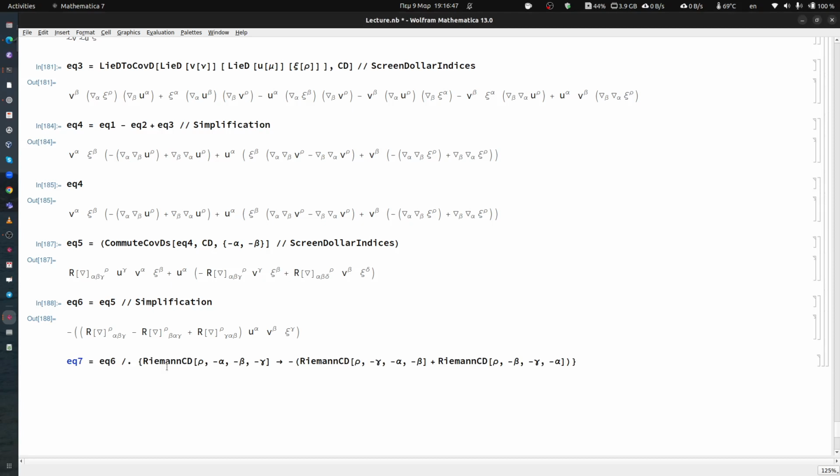I'm doing a simple substitution here in this expression, and I take the first term, which is Riemann CD rho alpha beta gamma, and replace it by its equal. So I take the symmetry relation that says that the antisymmetric part of this expression is equal to 0, and then that means that rho alpha beta gamma is minus rho gamma alpha beta plus rho beta gamma alpha.